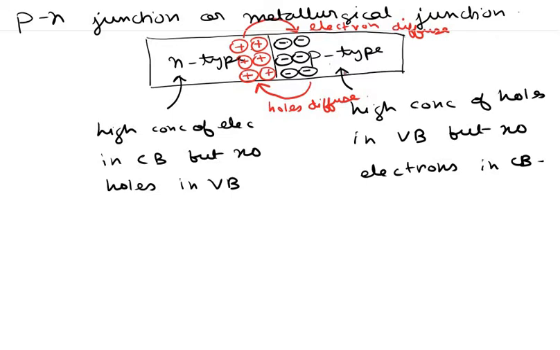So this region of accumulated charge, which is basically this entire region starting from here up to here, is known as the space charge region or the depletion region. Okay, so let me write it here.